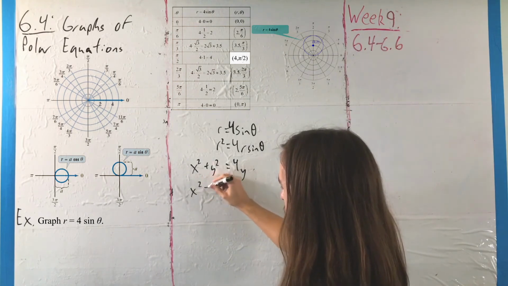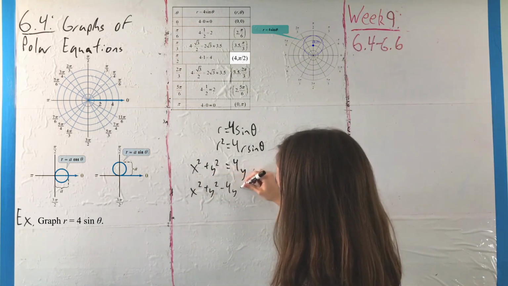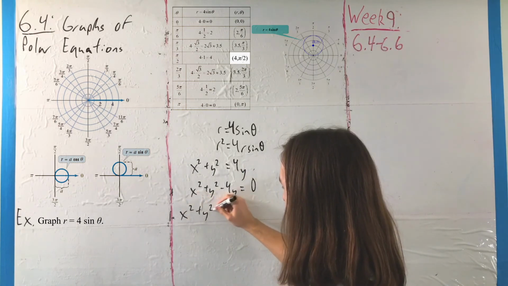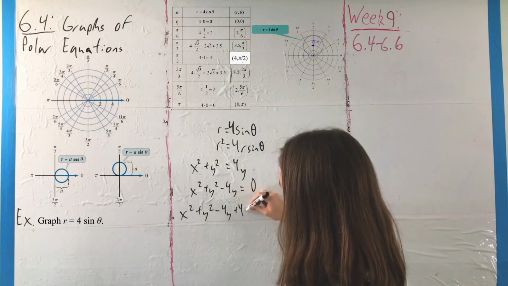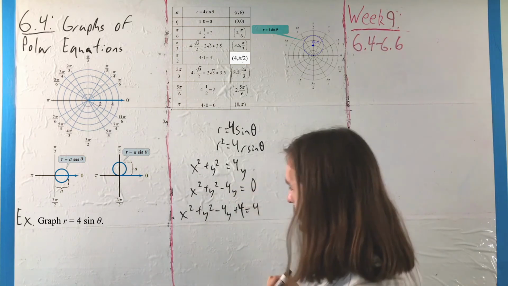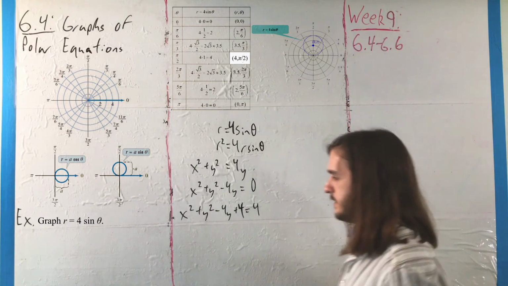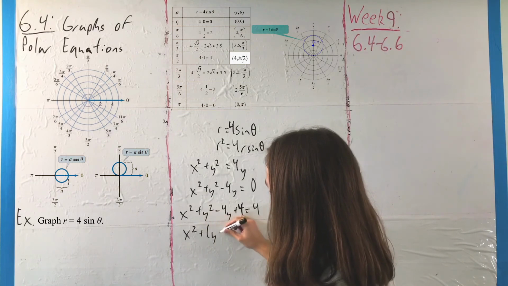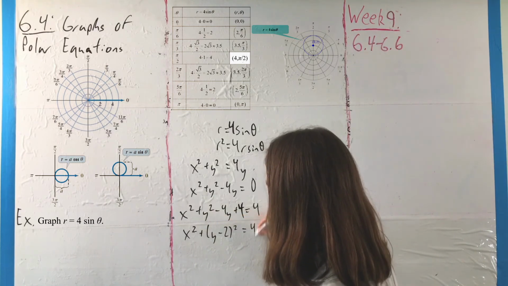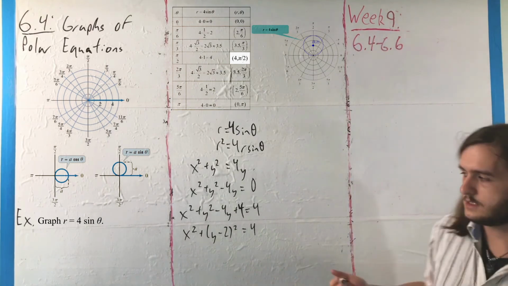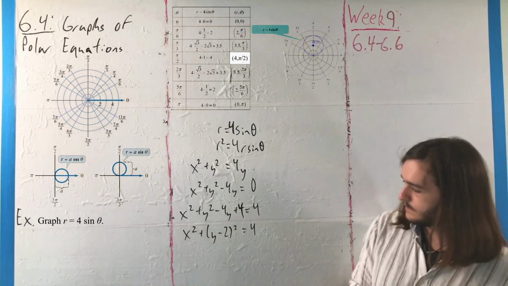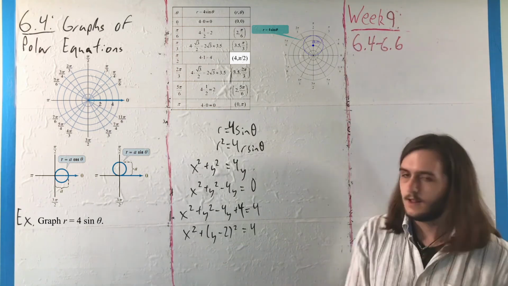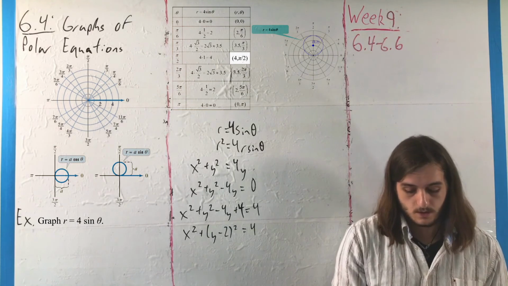We'll have x squared plus y squared minus 4y equals 0, or x squared plus y squared minus 4y plus 4 equals 4. And pull out our square there to get x squared plus (y minus 2) squared is equal to 4. So we can see that this is a circle of radius 2 centered at the point (0, 2) based on this pattern in rectangular coordinates.